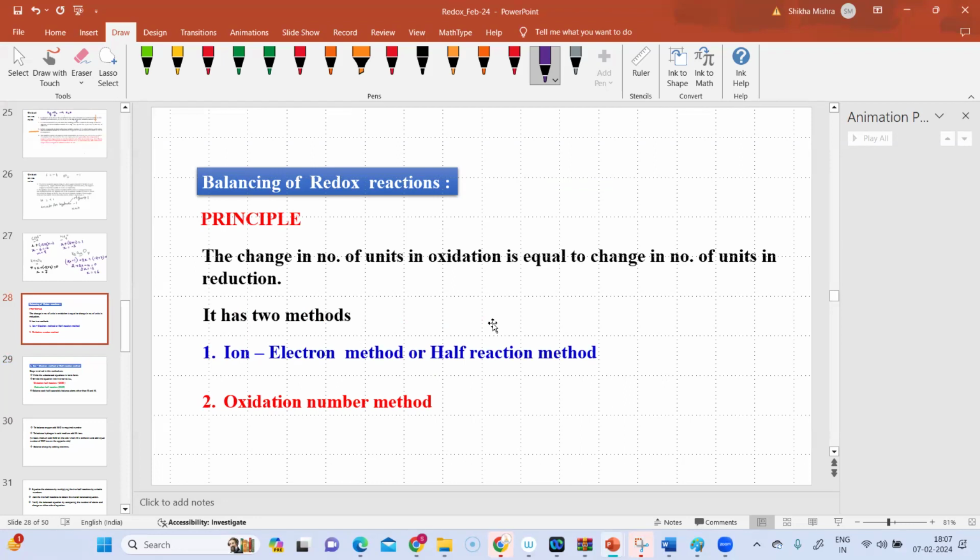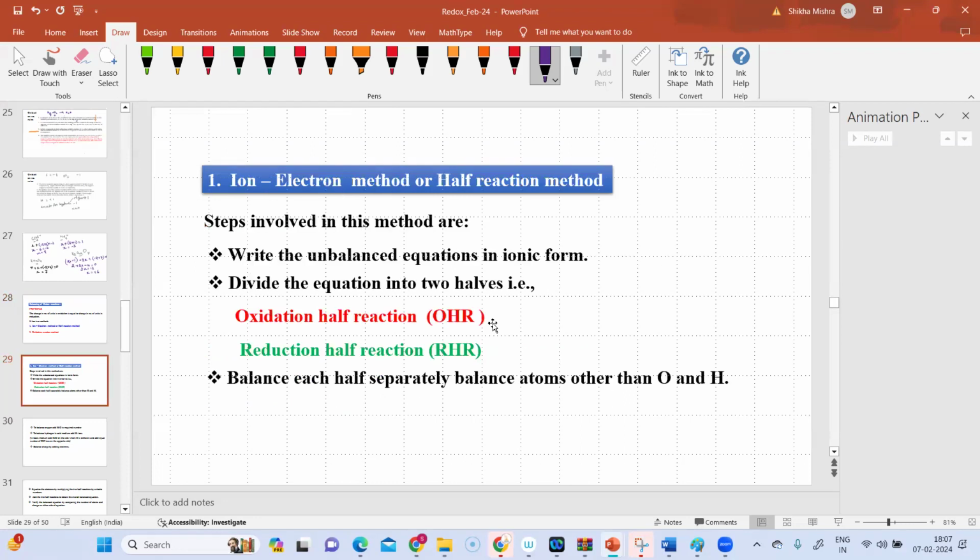You have to know both the rules and then you have to apply them, right? With the help of both the methods, you can balance the reaction and then use them as and when required, right?